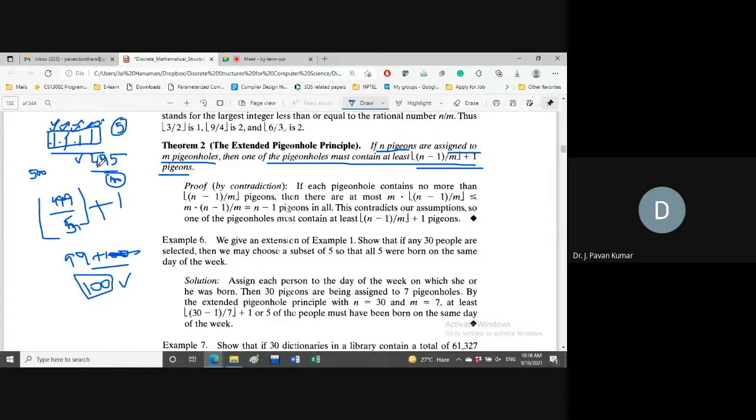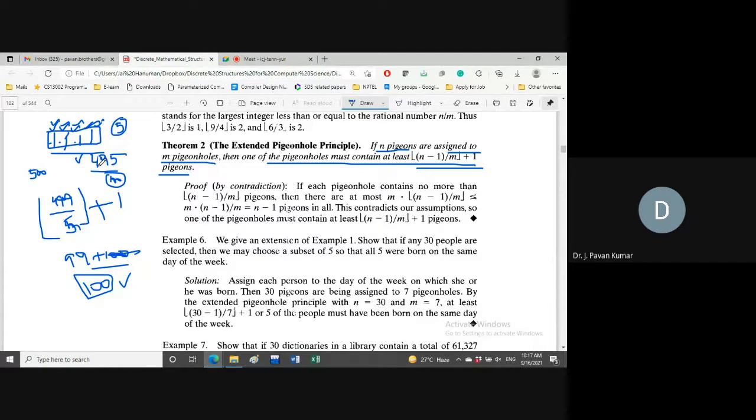Could you follow? Yes, sir. Now consider 505 like this only. If all the pigeonholes have less than 100, let us assume 99 in all, then only 495 will accumulate. So we will not be assigning all the pigeons to pigeonholes.